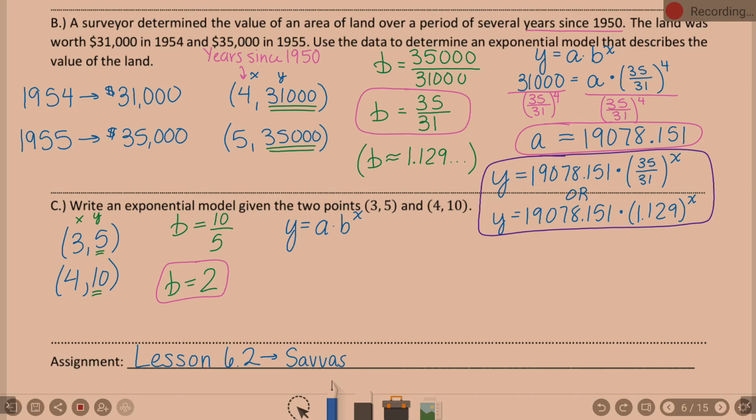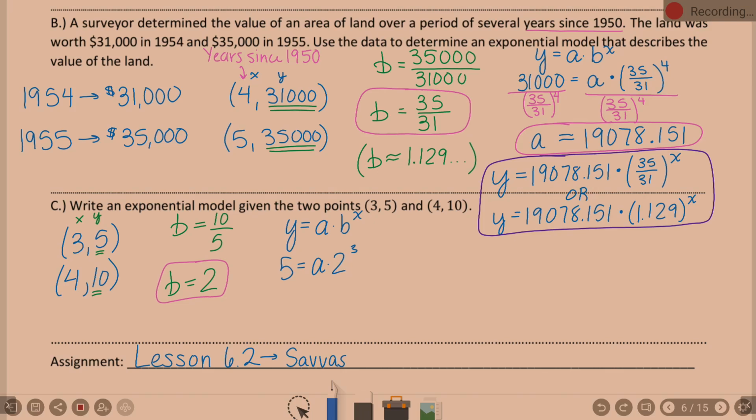You would plug it in. 5 equals a times 2 to the third. Okay, is that one way to do it? She used the ordered pair 3, 5. Okay, and plugged in the b value of 2.